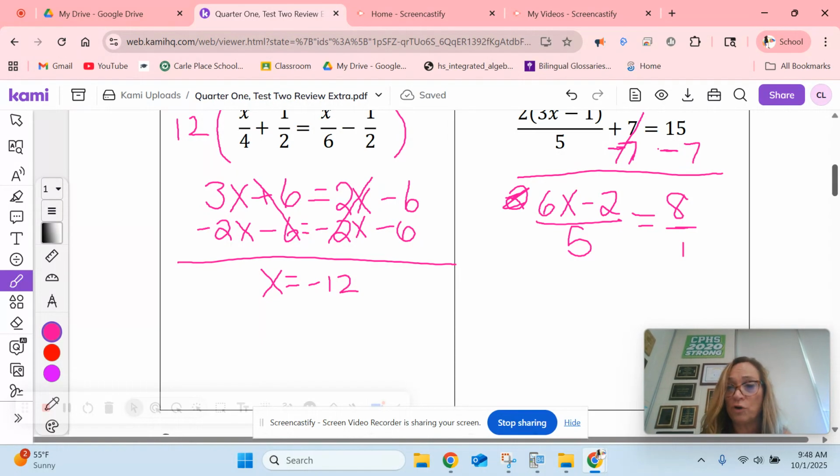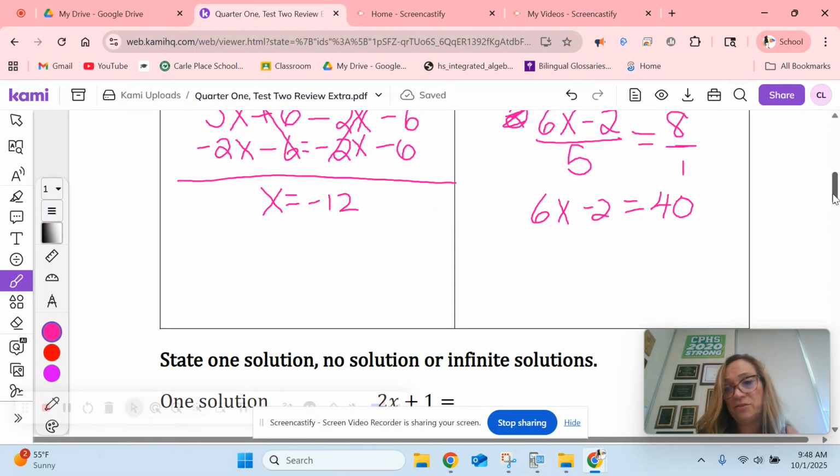So now I can use cross products, which is numerator, denominator, cross products. So that's 6x minus 2 is equal to 40. 6x times 1, 5 times 8. Once I get it here, they're pretty simple to solve. So the opposite of subtracting 2 is adding 2, so that gives me 6x equals 42.